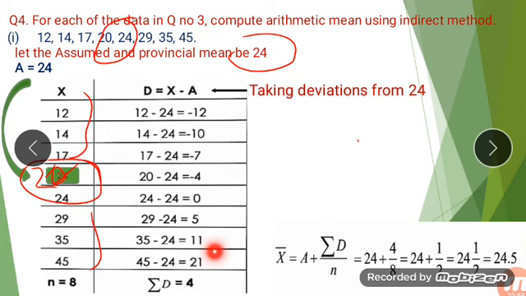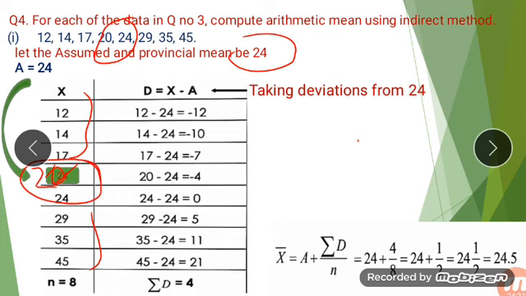There will be no effect on the answer; the reason I am going to tell you now. You can see here that this data has been converted into small values: minus 12, minus 10, minus 7, minus 4, and so on. These values have been converted into small values by taking the deviations from 24, the assumed mean.